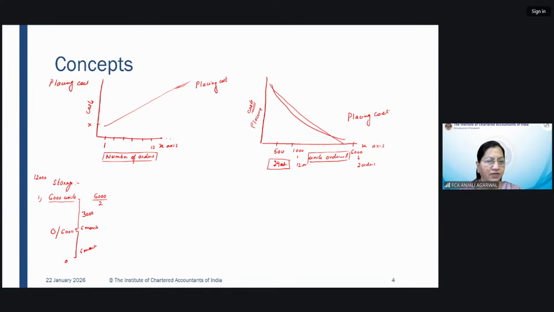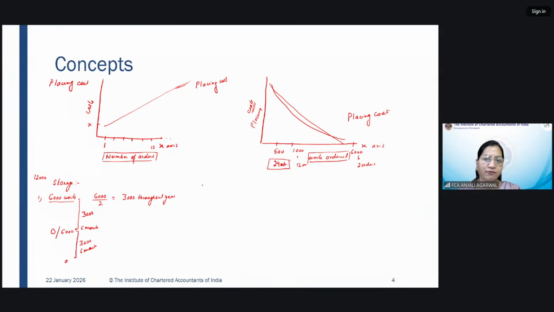And on an average, during the next 6 months period also, you were holding 3,000 units. So on an average, you have held 3,000 units throughout the year, right? So if you have ordered 6,000 units, on an average, you are going to hold 3,000 units throughout the year.